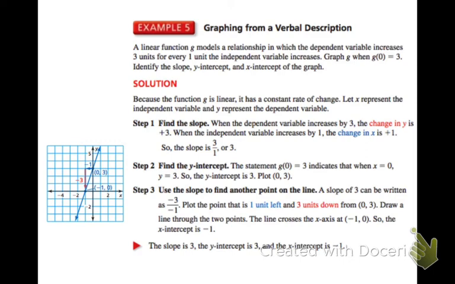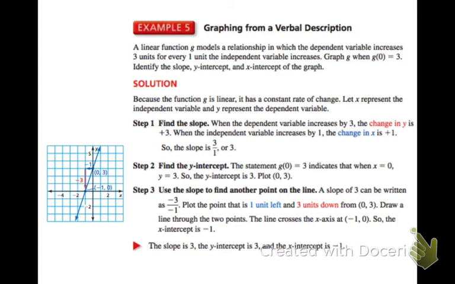Then we have the y-intercept. We know that g of 0 is 3, so that's the point 0, 3. We're going to use the slope to find another point on the line. So a slope of 3 can be written as negative 3 over negative 1, or positive 3 over positive 1, right? So we're going to plot a point that is 1 unit left and 3 units down from the original.